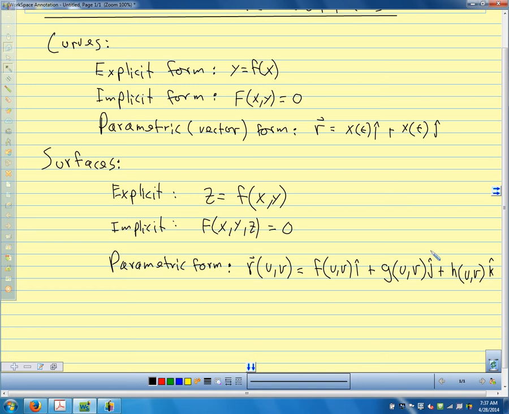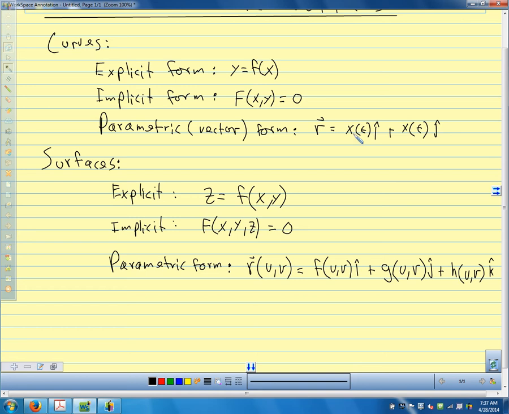Just like in the plane, parametric equations for surfaces aren't unique. To sketch or visualize what the graph of a parametric surface is going to look like, we want to try to eliminate the parameters, just like we did in the plane, or look for some relationship between the components, some way to relate the x, the y, and the z components.